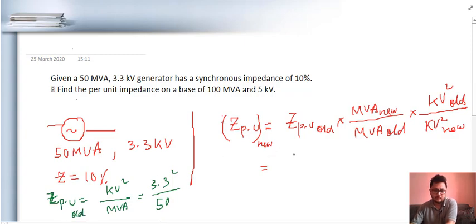So the old value, let me write here: 3.3 whole square by 50, into MVA new. MVA new is how much? Find the per unit impedance on a base of 100 MVA, so on this base you have to calculate.